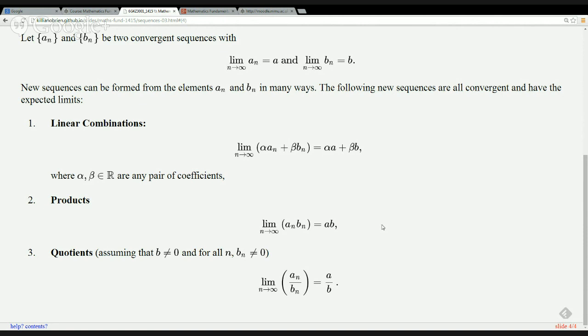Knowing that we can control the size of bn minus b, the question is, does that mean that I can also control the size of 1 over bn minus 1 over b? It would seem reasonable, because bn minus b is nearly the same as 1 over bn minus 1 over b. Well, how exactly does the difference relate to the difference of the reciprocals? That's the question.